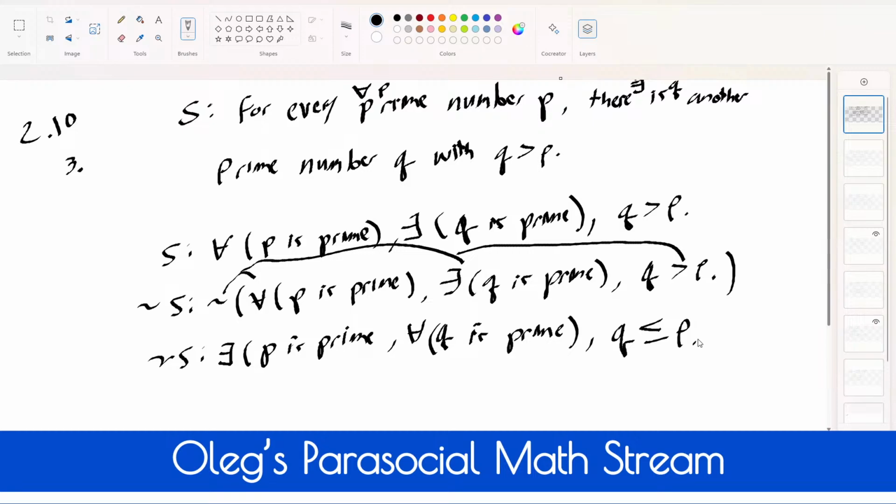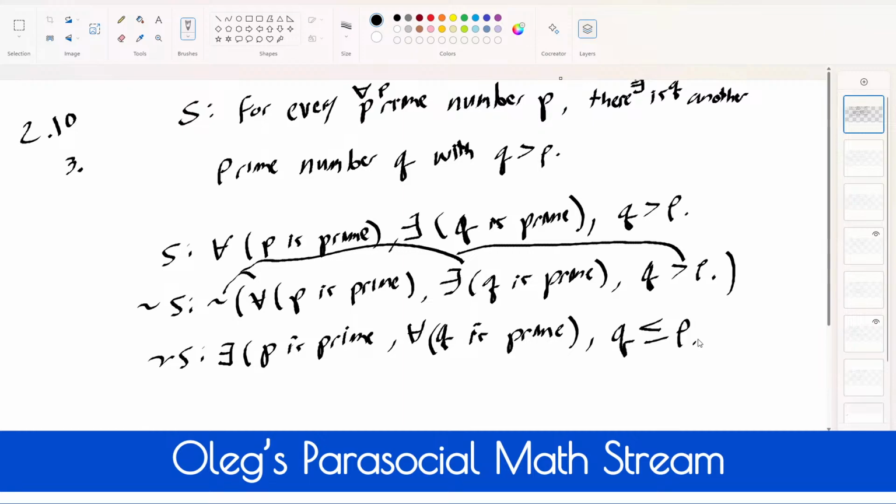So if you are negating, like if we say 2 is greater than 3, how will we negate that? 2 is not greater than 3, so that means it can be less than 3.